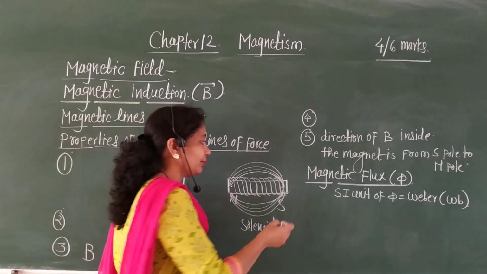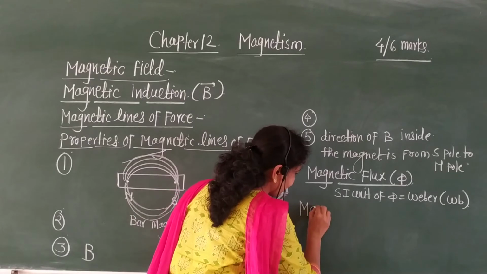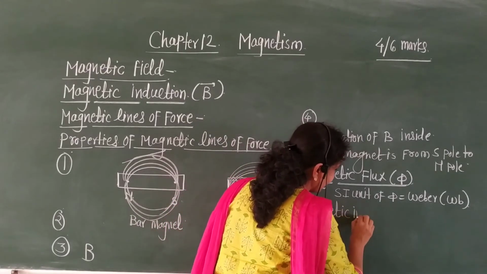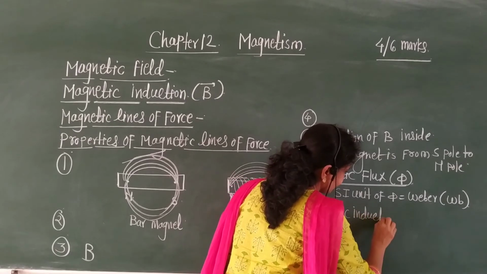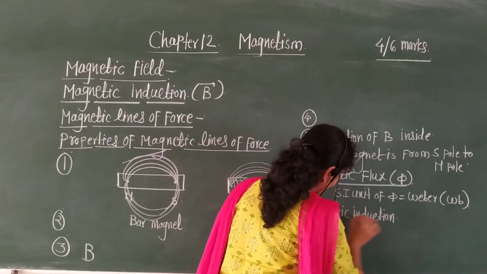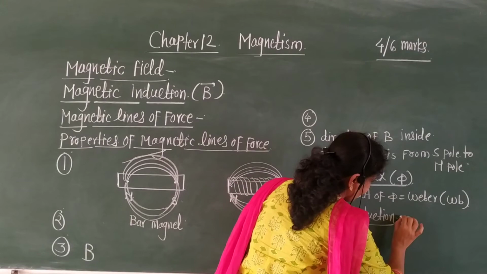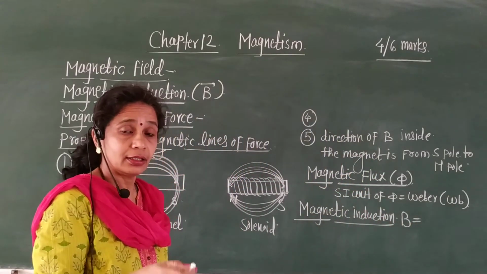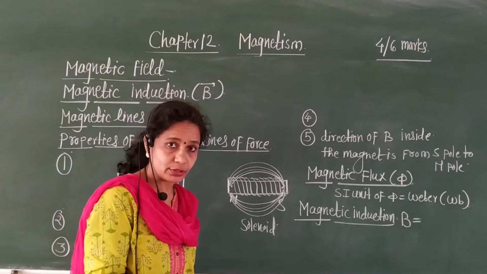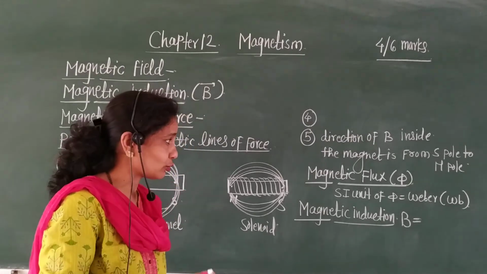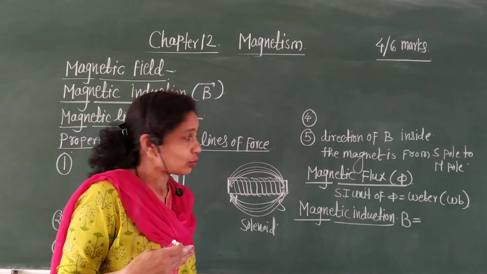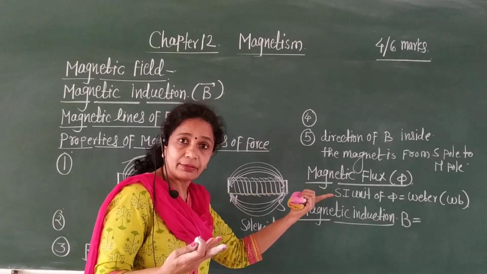Then magnetic induction B is defined as the number of magnetic lines of force per unit area. The number of magnetic lines of force is called magnetic flux.